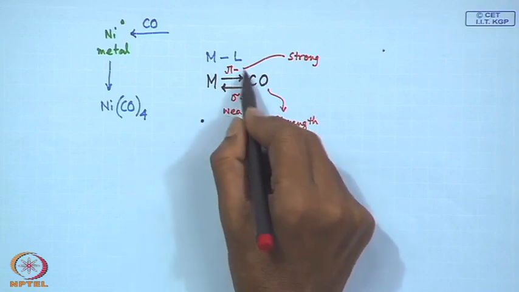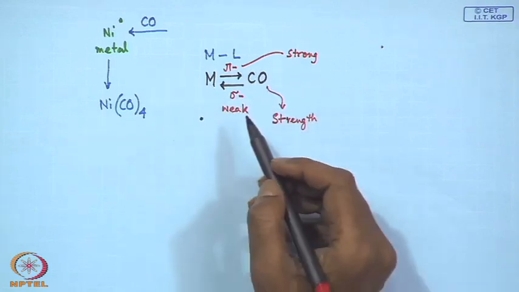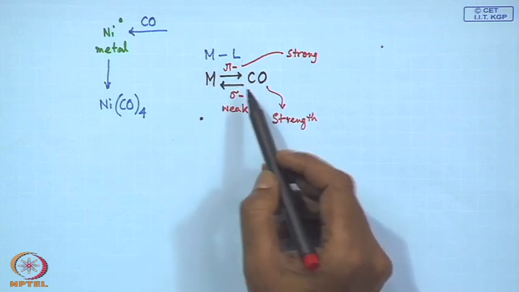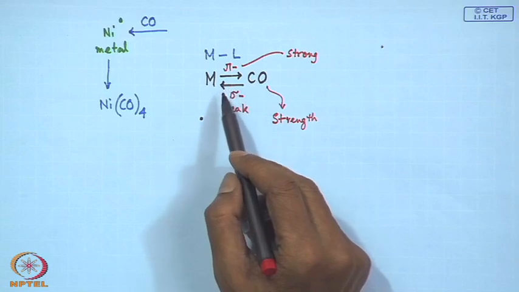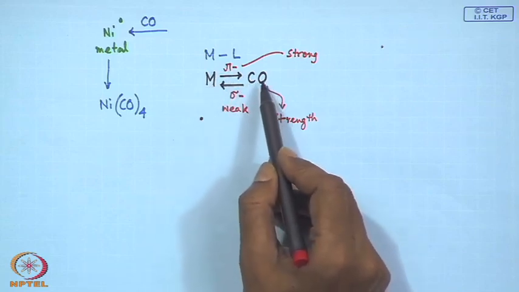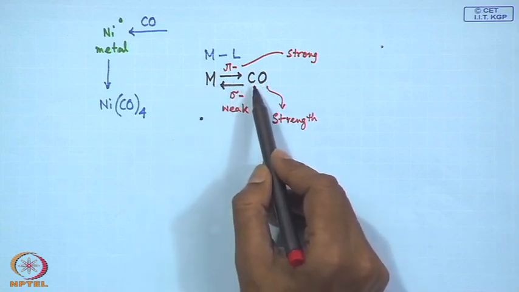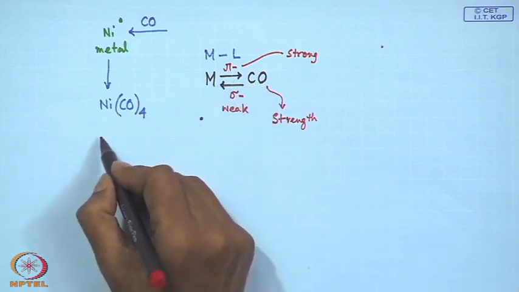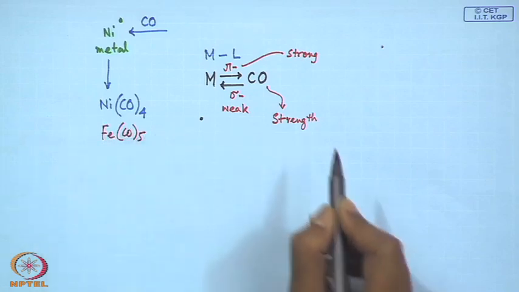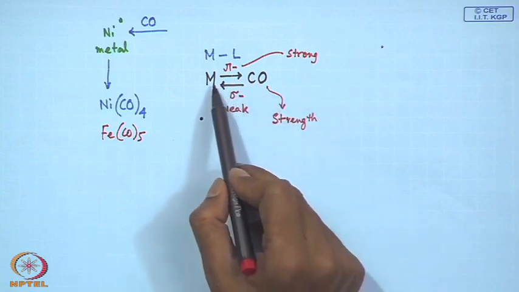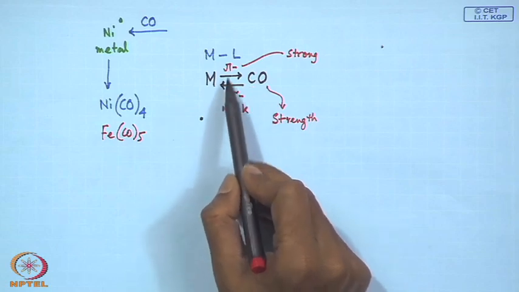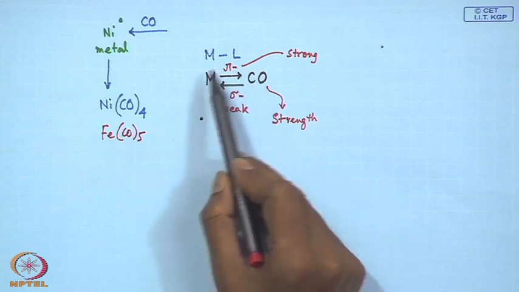We consider this a synergistic effect, and the ultimate result of this metal ligand interaction, which is always there in metal complex formation, is that due to this synergistic effect we can have more than one bond order between the metal and the carbon, say in nickel tetracarbonyl or other complexes, because a large number of carbonyl complexes are known. So, we have multiple bonding between the metal and the carbon. One is sigma, another is pi. So, we have a very strong interaction.